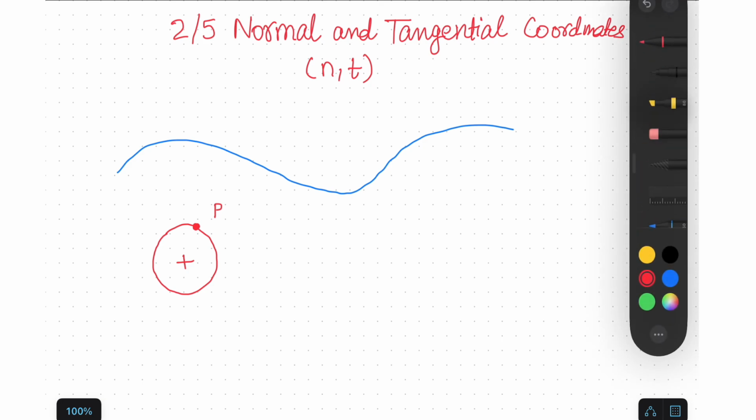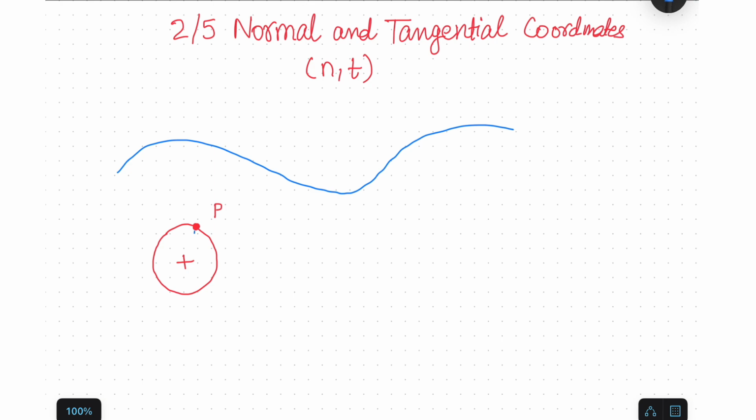So in this case, what is the process? I will explain. First, you have to find the center for point P. On this curve, we know the center is here for this curvature. We will connect point P with the center C, and then we will make a 90-degree line.